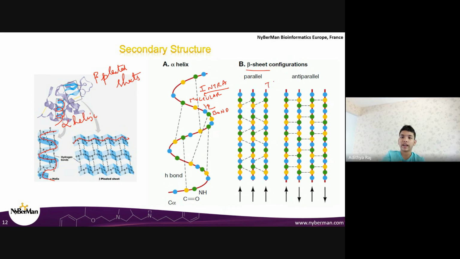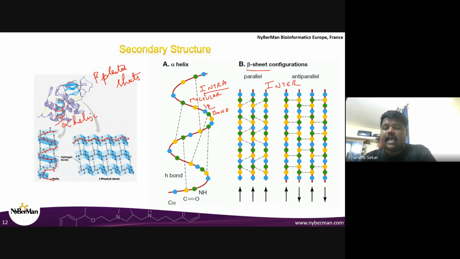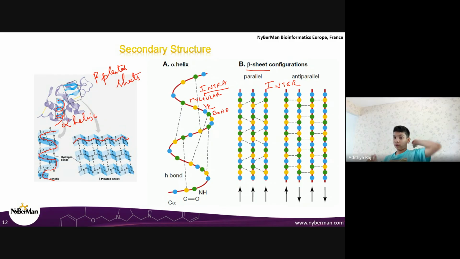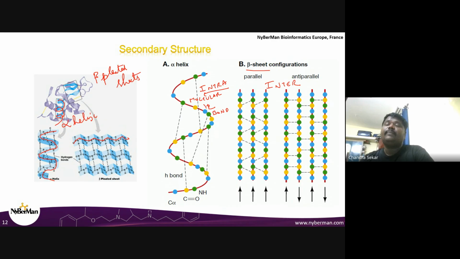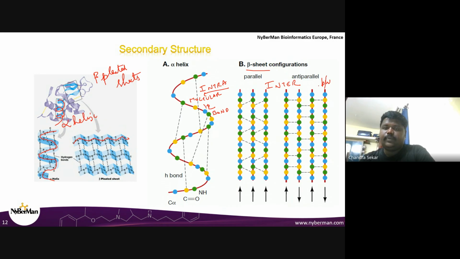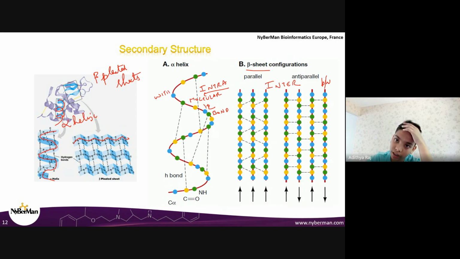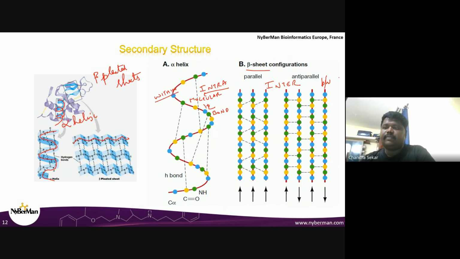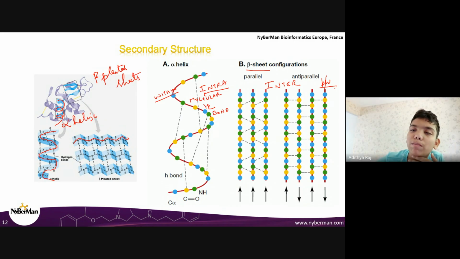Beta sheet is just a type of folding that is done, pleated, but it is intermolecular. Between the molecules, not within the molecule. Within is alpha, between is beta.